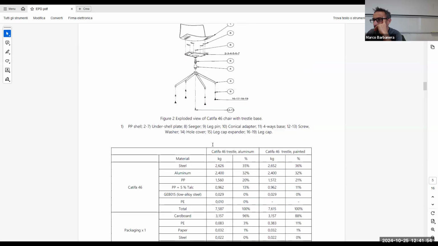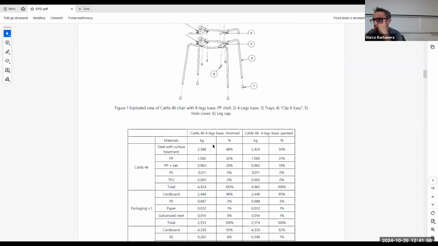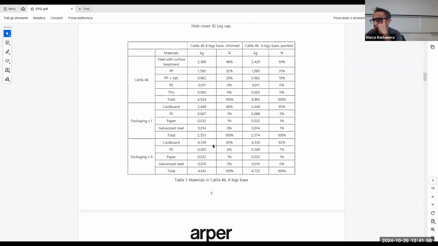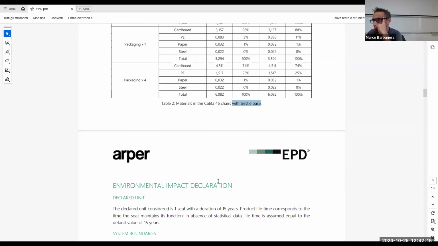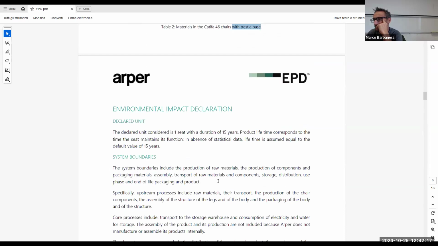In particular, in this environmental product declaration, the company decided to certify 2 products, Catifa 46 with 4 legs base and Catifa 46 with trestle base. So we can find the results for these 2 kinds of products.